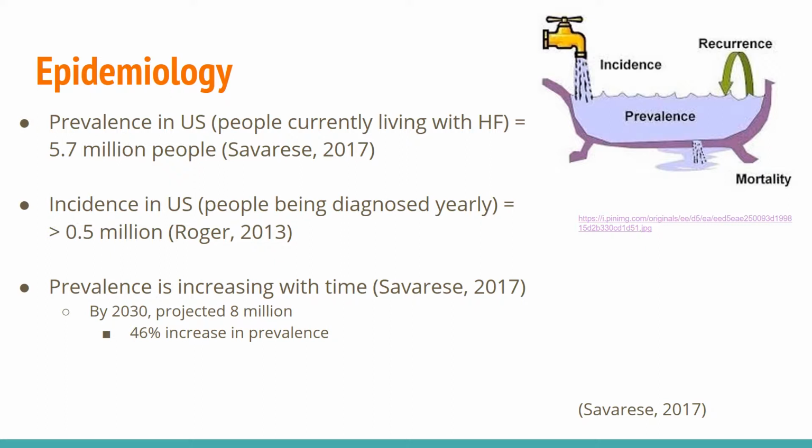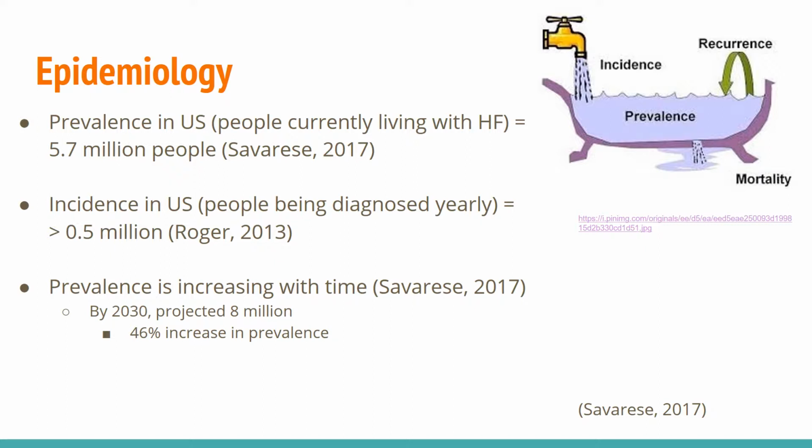So that's the number of people being diagnosed every year, and that's being poured into the bathtub. And the water in the bathtub represents the prevalence, or the people who are currently living with that condition. The only way to decrease the prevalence is for people to either be healed or through death. So that's how water gets out of the bathtub.